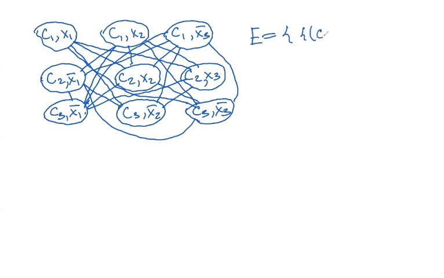So it would be C_i sigma, and I don't really need to specify i's and j's here, so let's keep it simpler.